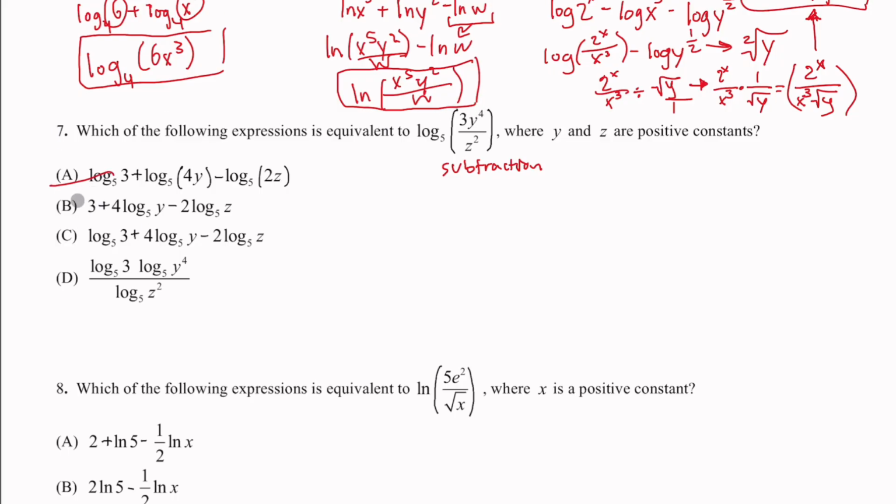If we look at B, we have 3 on its own. Basically, everything that we add needs to have a log. So we need to change 3, a constant on its own, into a log of the same base. So this, for example, has log 5.